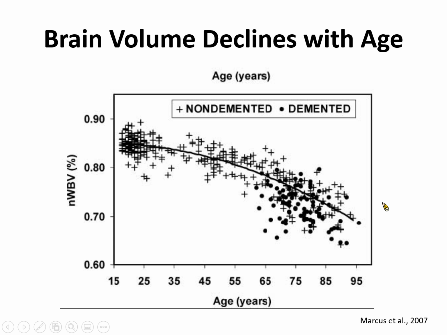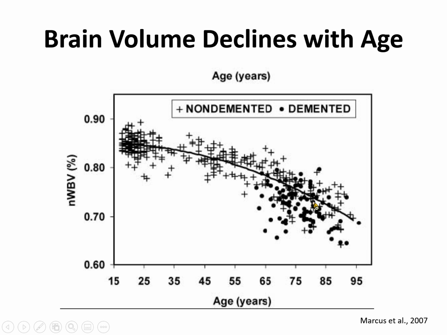Of course, brain volume declines with age. This is one study showing a group of non-demented subjects, and also patients with dementia, and usually dementia happens in later life. You can see that these demented patients are above around 65 years old. And the non-demented participants range from around 15 to 95 years old.